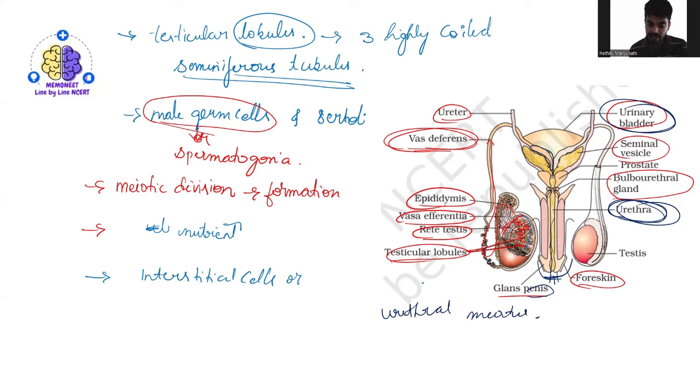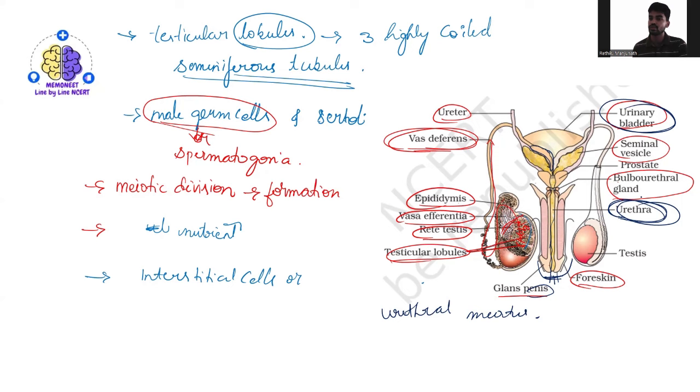So first, the seminiferous tubules will be present. They open into the vasa efferentia through the rete testis. From the vasa efferentia, the sperms produced move to the epididymis. From the epididymis, they move to the vasa deferens.